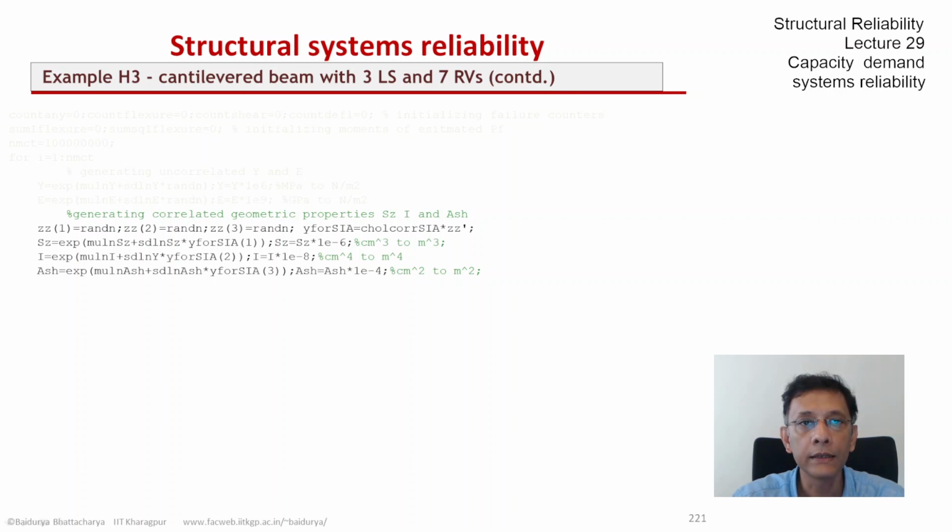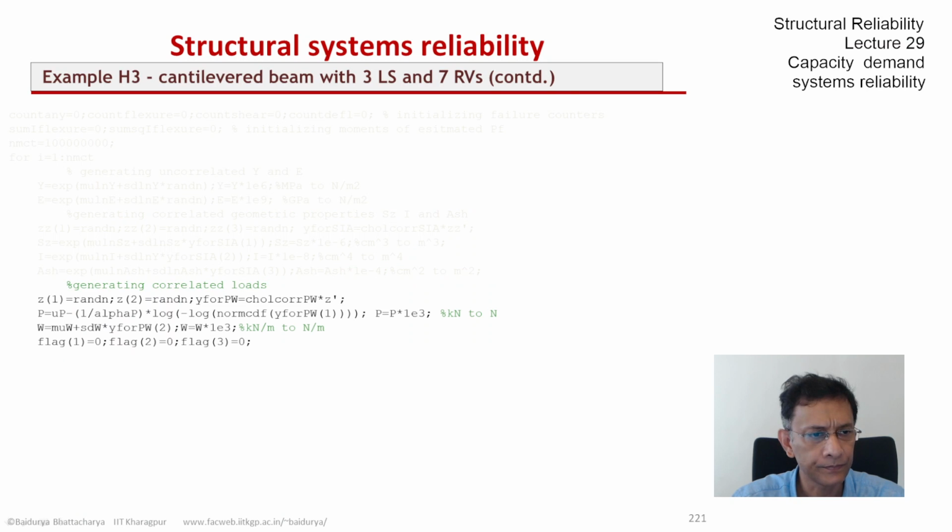So that's where that lower Cholesky factor comes in. And then from each of the y's, I obtain a Z, I, and A shear through the log normal transformation. So that gives me the three quantities, and there I have also been mindful of the units.